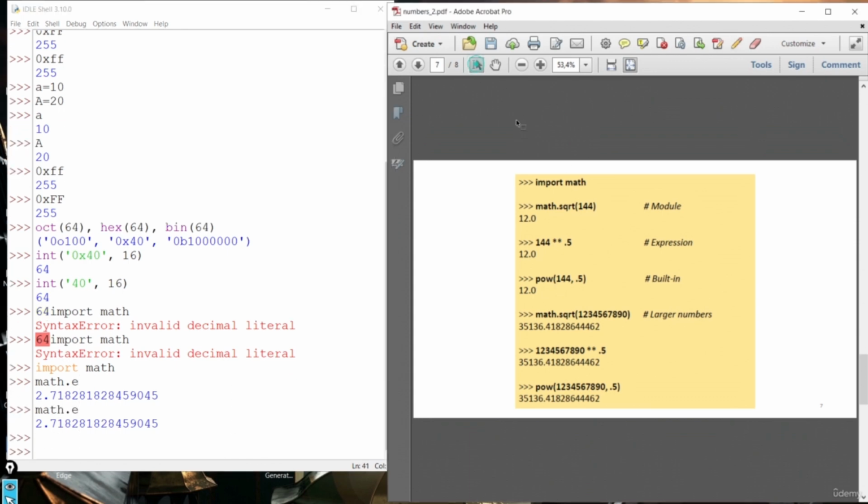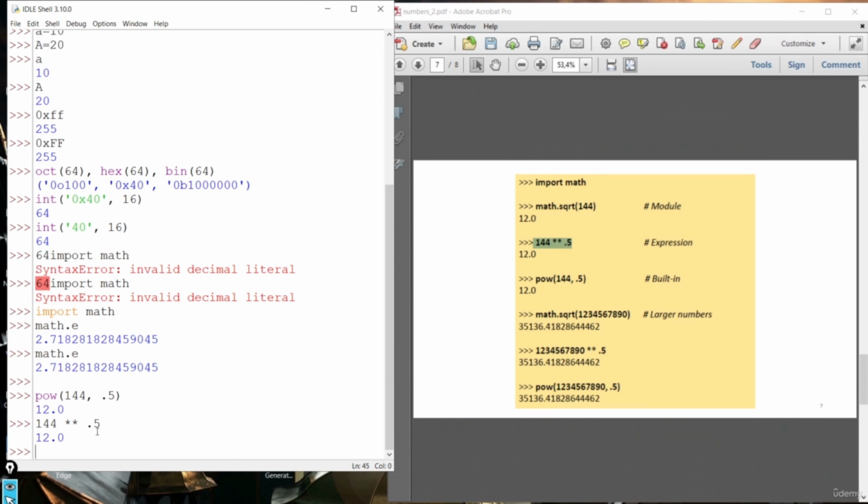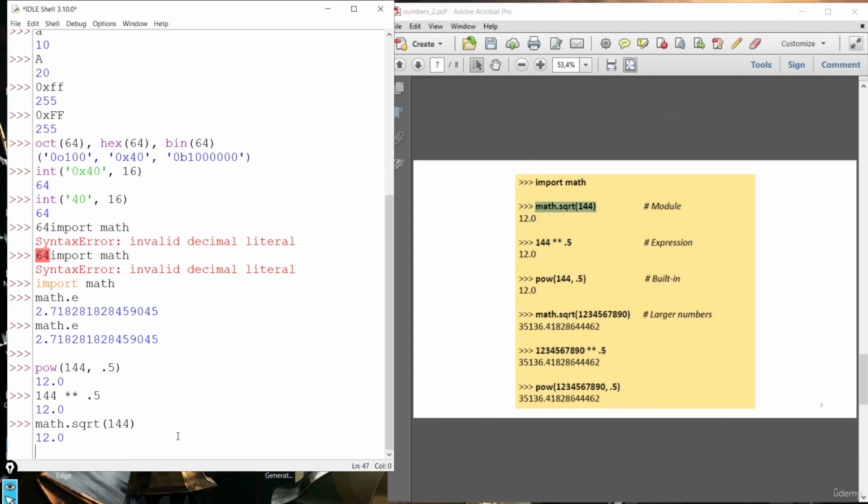For instance, let me type this: power 144, 0.5. Okay, here we can calculate the square root of 144 using this expression also. Or the math function sqrt can be used to calculate the same value.